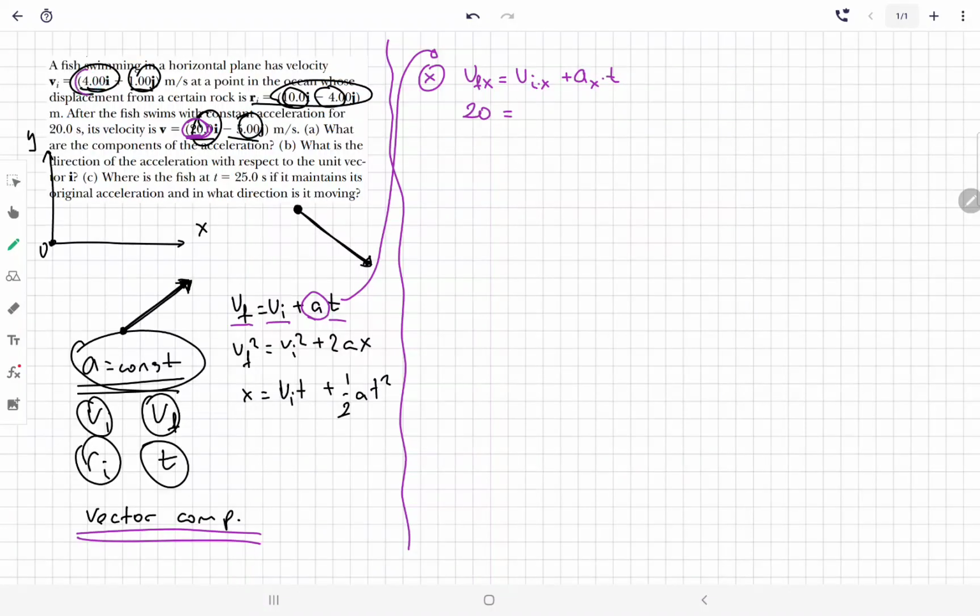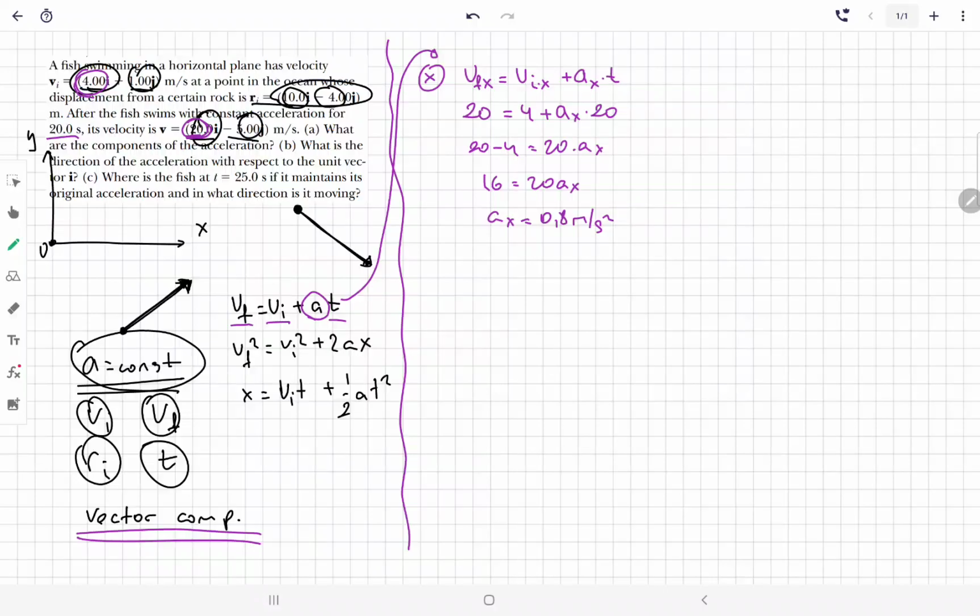Initial velocity in the x direction is 4, plus acceleration in the x direction unknown, times the time, 20 seconds. So basically 20 minus 4 equals 20 times ax, 16 equals 20 ax, ax equals 16 over 20 equals 0.8 meters per second squared.